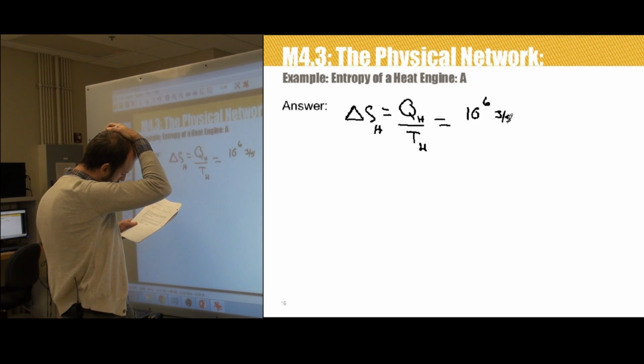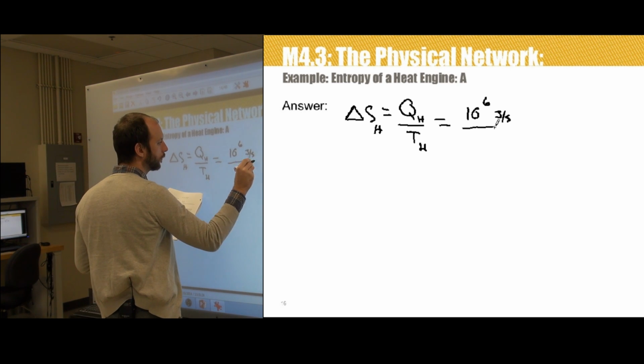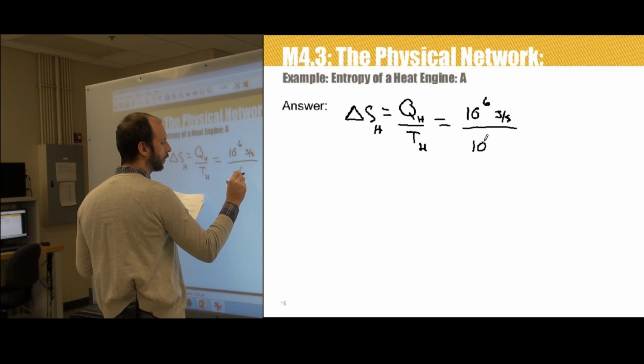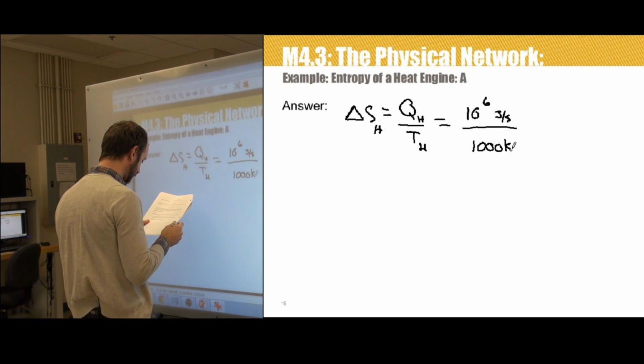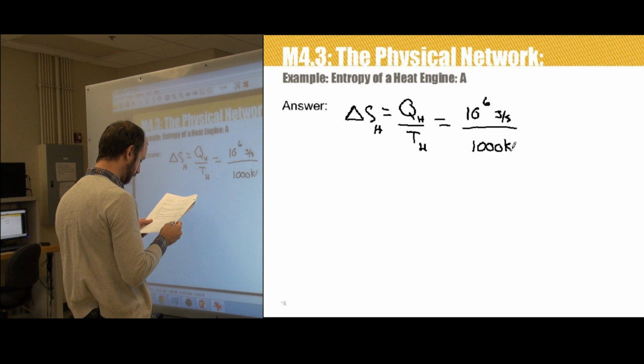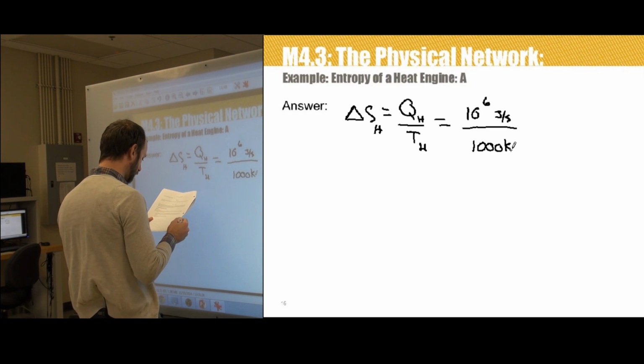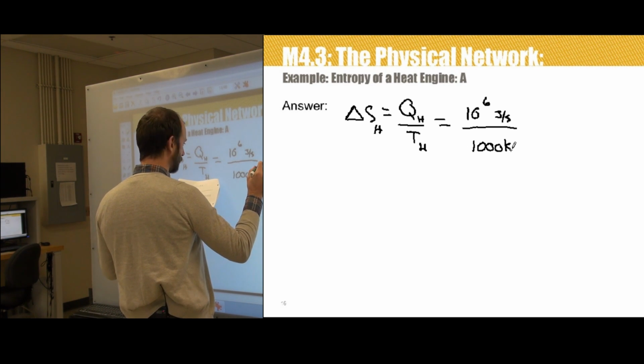And that reservoir was at 1000 Kelvin. This number always needs to be in Kelvin. And so you get 1000 joules per second Kelvin.